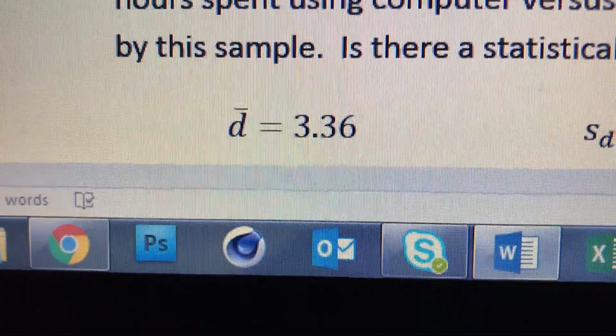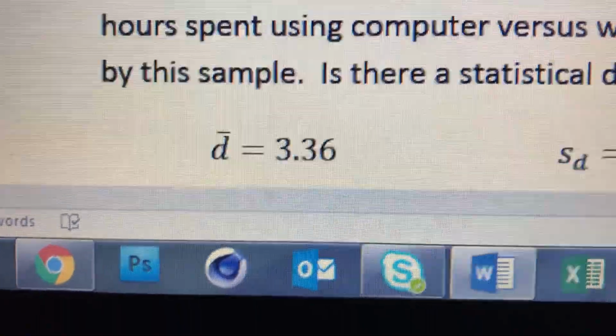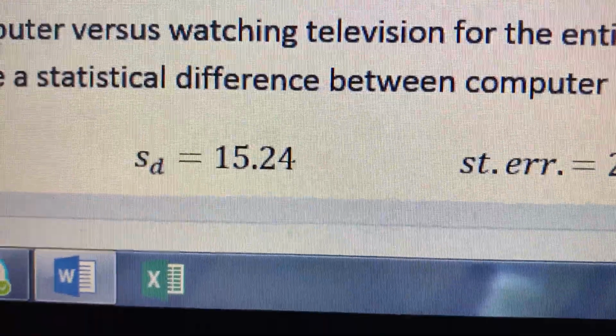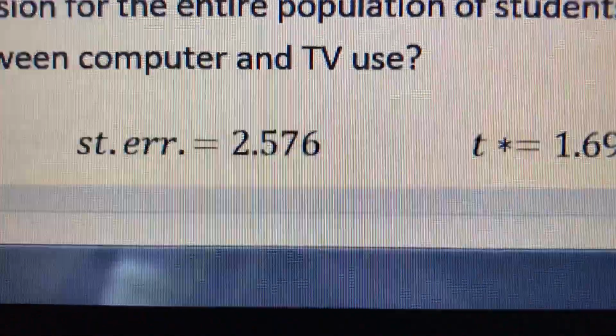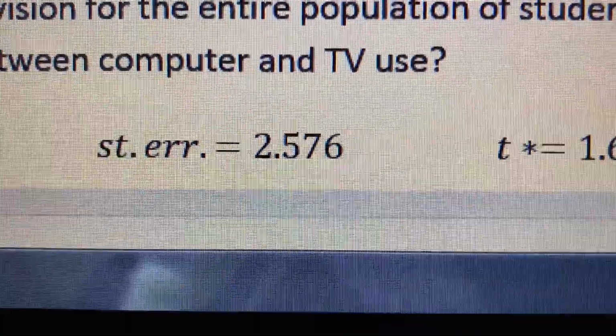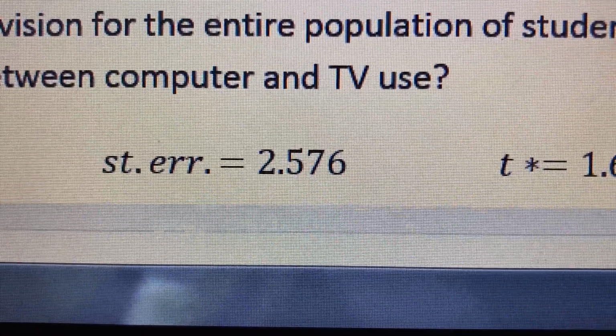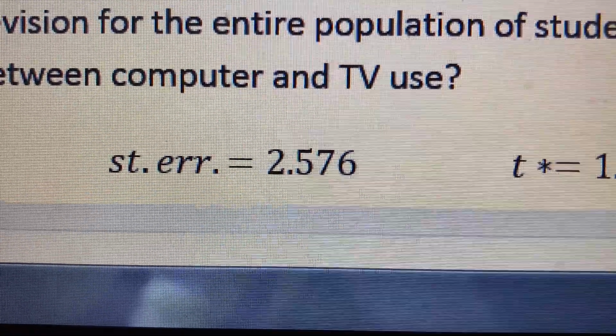So here, D bar, our sample mean of the paired differences, is 3.36. Our sample standard deviation of the differences is 15.24. Our standard error equals 15.24 divided by the square root of n, which is 35. That gives us 2.576.